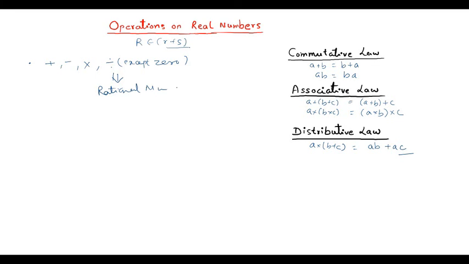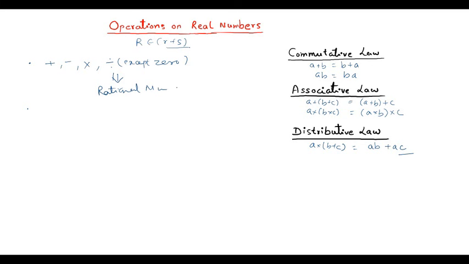Similarly, the sum, difference, quotient, and product of irrational numbers are not always rational numbers. They may be rational or they may be irrational, but the sum, difference, product, and division of rational numbers is always a rational number.